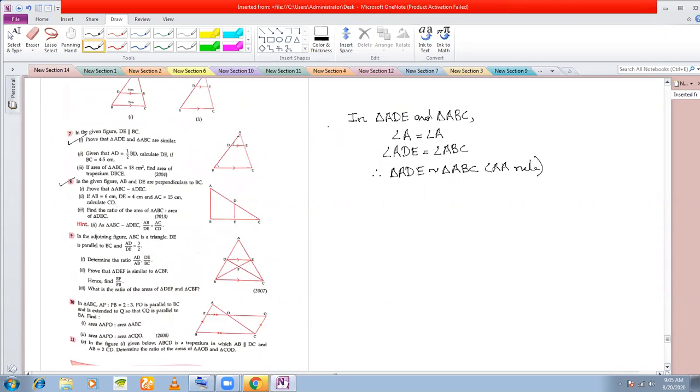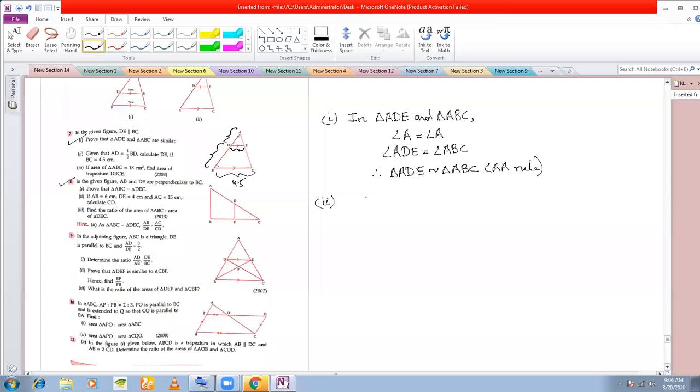Next, given AD is equal to half of BD. So what is given? AD is equal to half of BD. Relation between these two is given. Okay. Calculate DE. You need to calculate this, if BC is equal to 4.5. BC means this length is given to be 4.5. Okay.